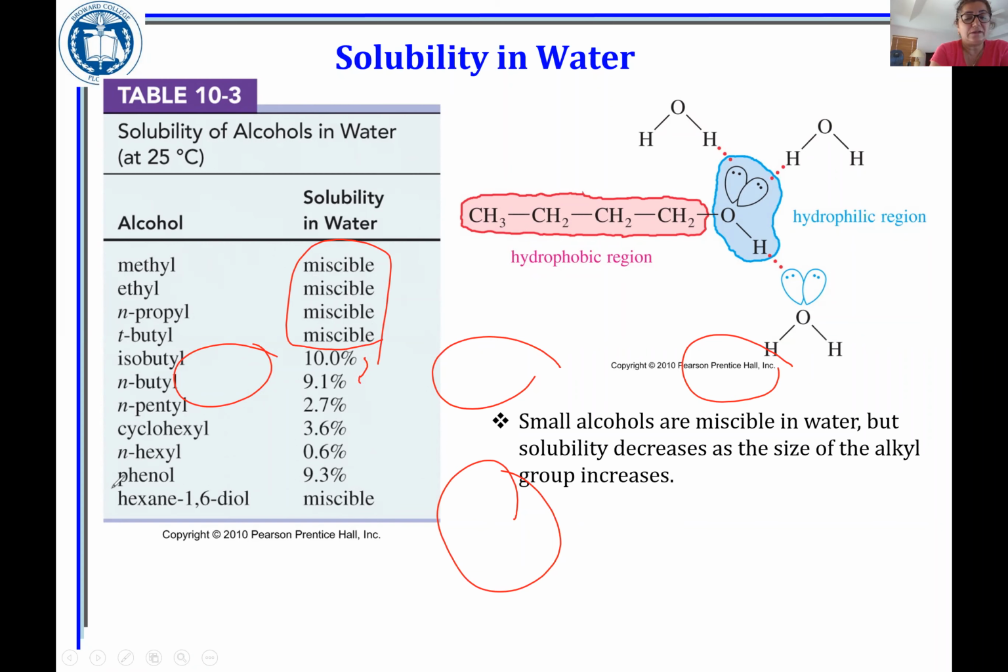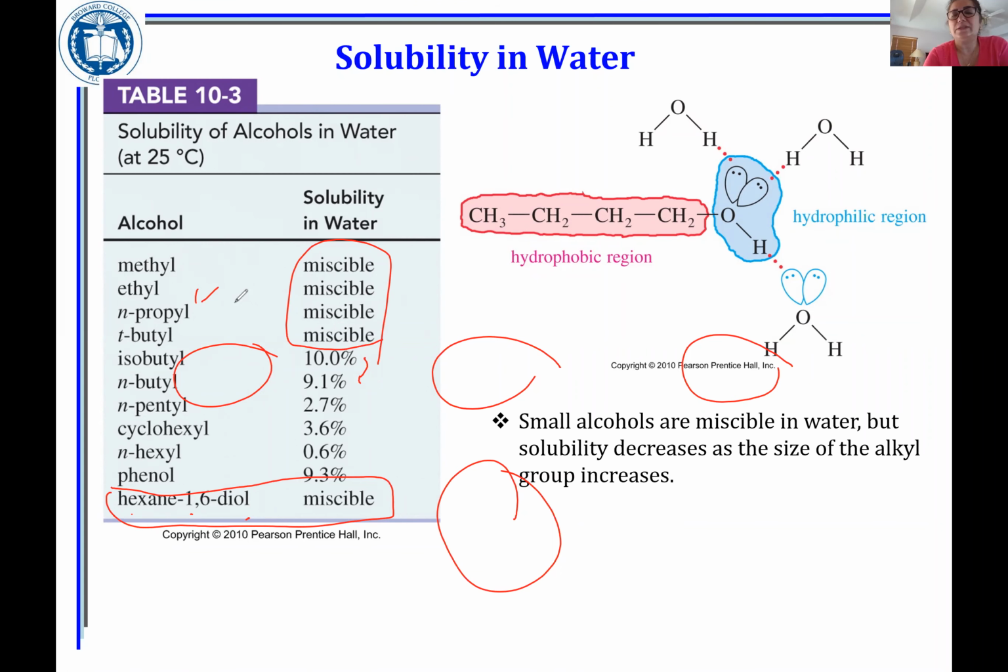So the reason you have here for 1,6-diol is miscible again. This is like propanol, because for 6 carbons you have 2 OH groups. That's kind of explaining that for each 3 carbons you have 1 OH group. So the solubility is similar to propyl alcohol. Okay.